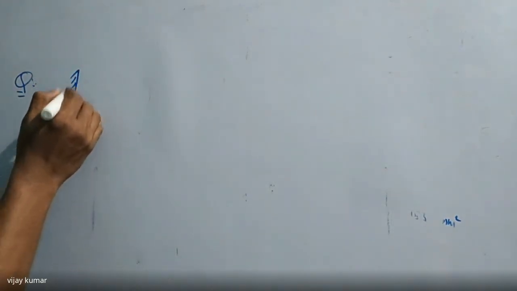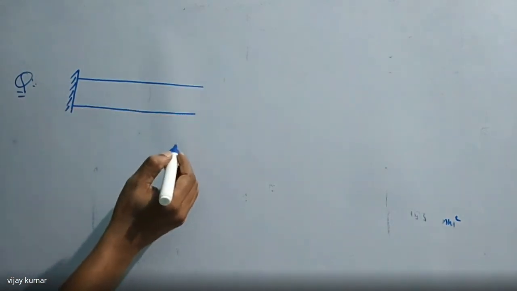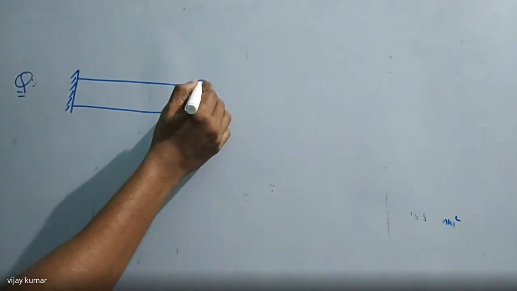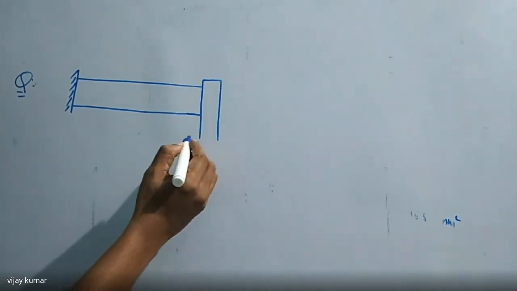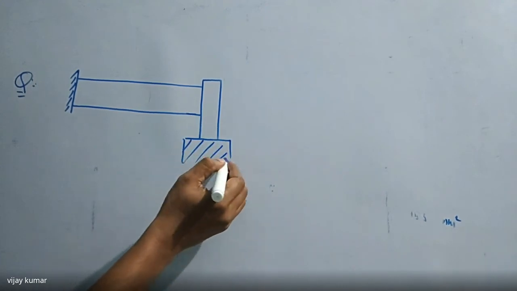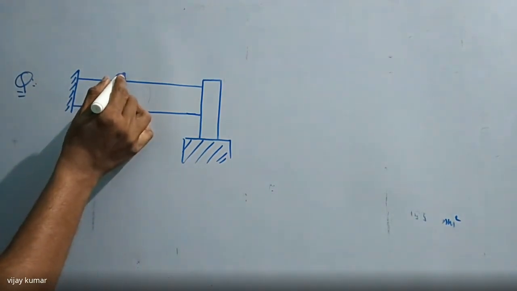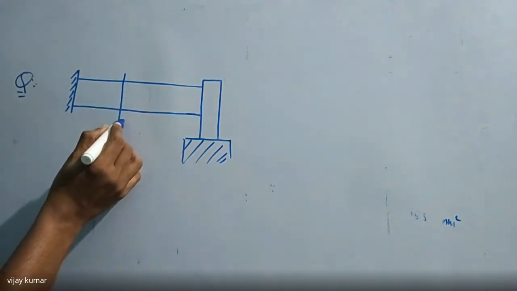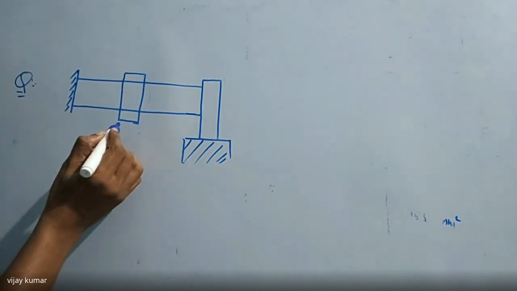This is the bar which is fixed at one end, and the other end has a rigid collar. This is the block which is sliding over this bar. This bar is a cylindrical bar.